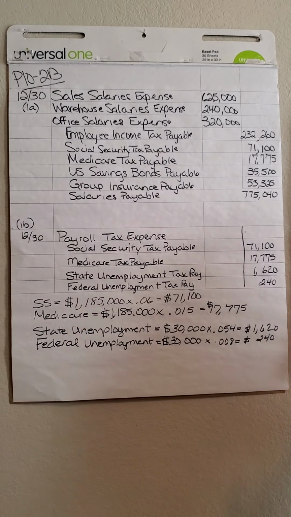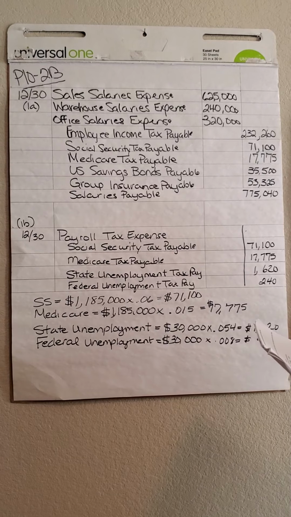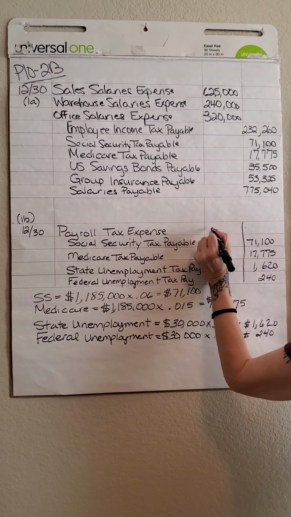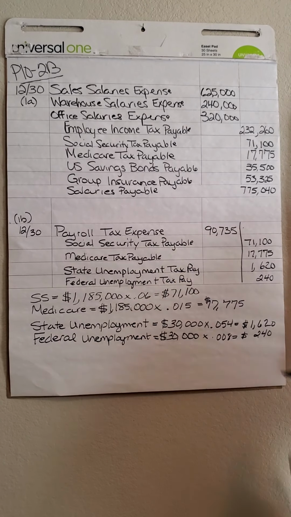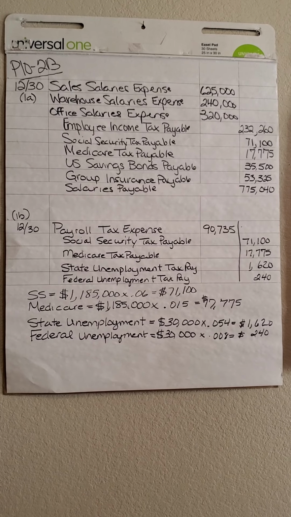And when we add all of these 4 items up, it gives us the total amount for our payroll tax expense for the debit, which is $90,735. So that's how we do 1 and 2 of this problem.